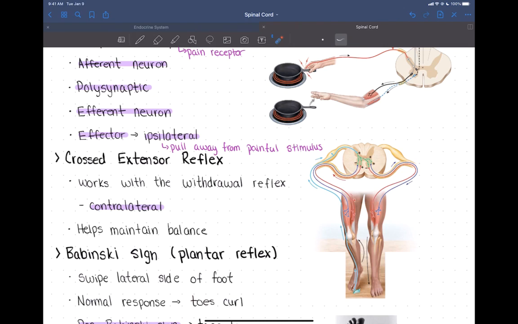That's the job of this crossed extensor reflex. It helps you maintain balance when that withdrawal reflex is activated. We're not going to really talk about this whole pathway. Obviously, you can see it's very complicated. Just understand that it works with the withdrawal reflex, and it is contralateral to that painful stimulus.